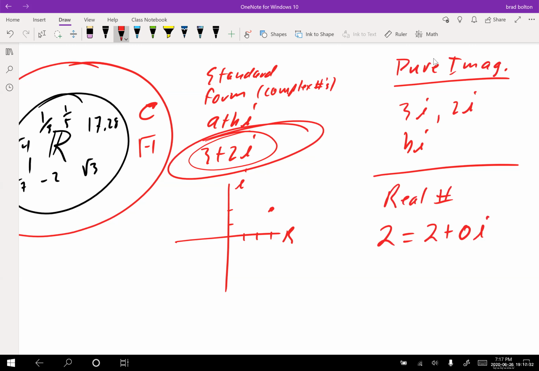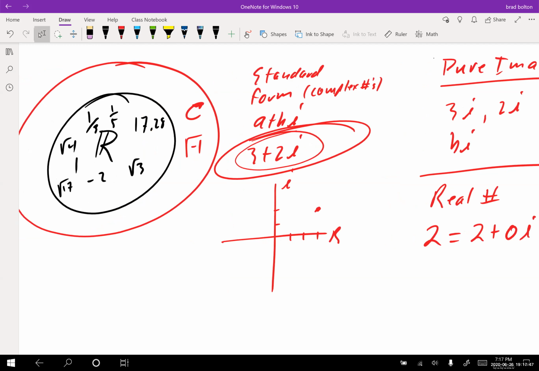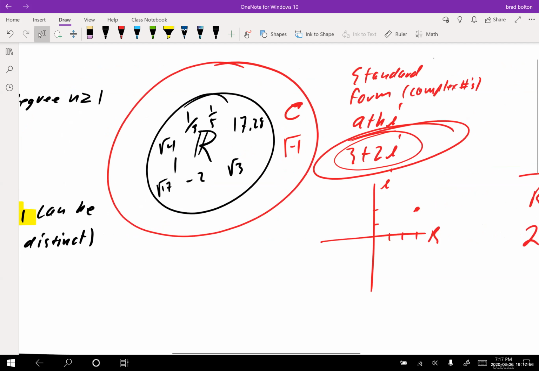So this is how we can write every single real as a complex, but you can't go the other way. You can't write every complex as a real. So the real numbers are smaller than the complex and they fit inside of them, okay? And here's the weird thing, the stuff we'll talk about in calculus: there's an infinite amount of numbers in the reals, and there's an infinite amount of numbers in the complex, but yet the complex number system is bigger than the real number system in terms of cardinality.